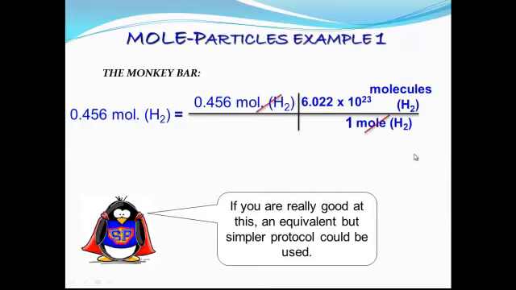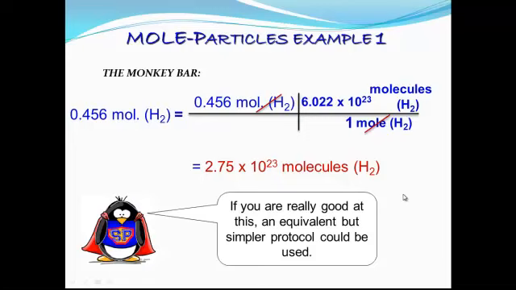Now you can see the mole of hydrogen gas will be cancelled, and you'll be left with the correct molecules of hydrogen. So then you can carry out the math. It will end up with the answer 2.75 times 10 to the 23rd molecules of H2.